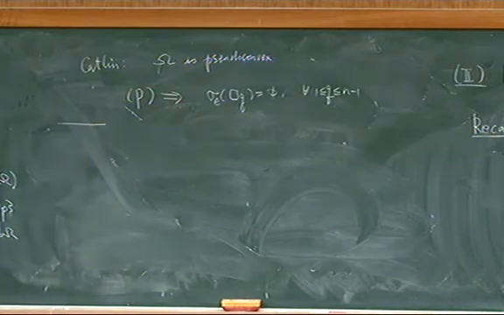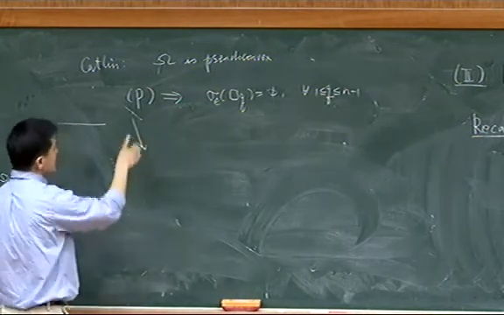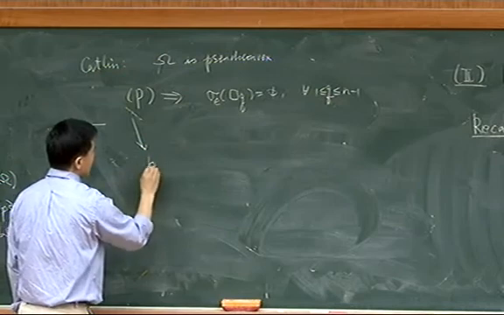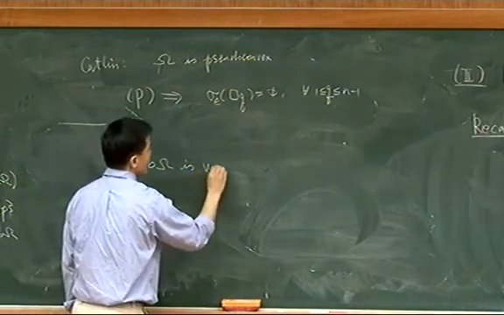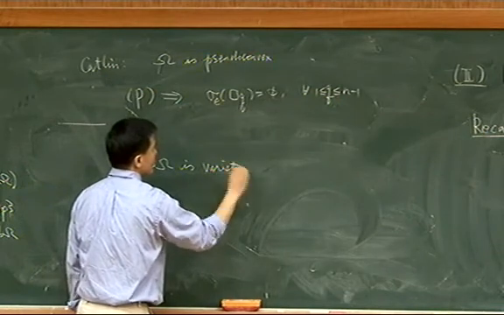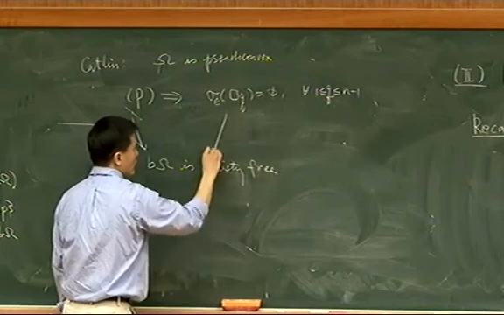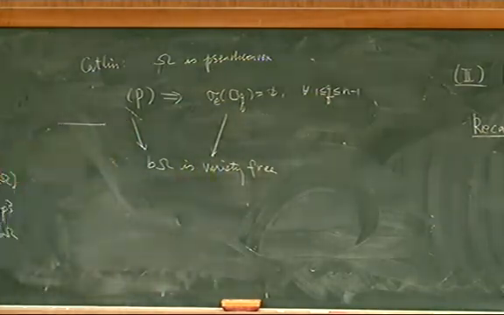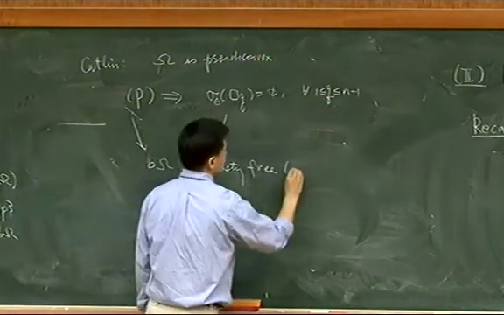And as I said, this is stronger than the boundary being variety free, at least in the case when n is 2.